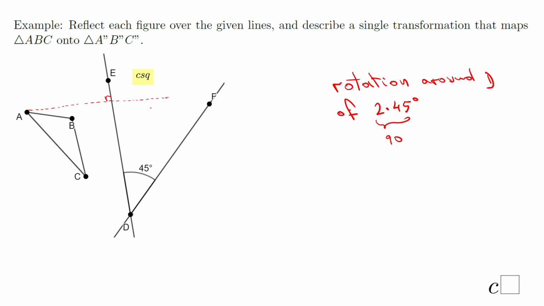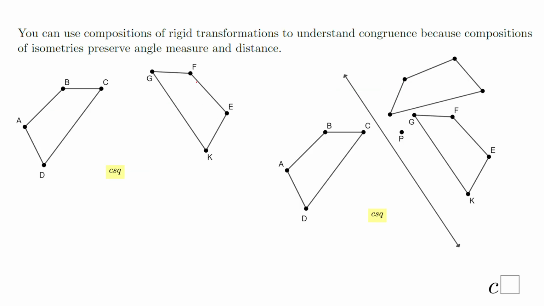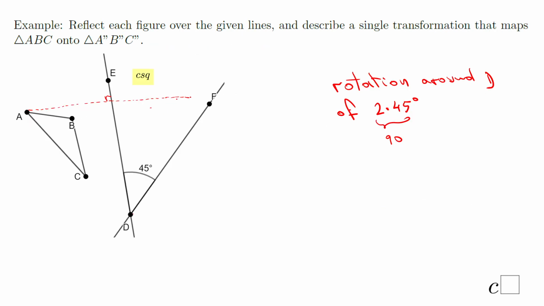And hopefully, I guess, is that good enough? I hope it is good enough. Oops, let me go back. I hope it's good enough to be A prime. You know what? Let me call this one A prime. Let me reflect this guy again, 90-degree angle. That will be pretty close right here.